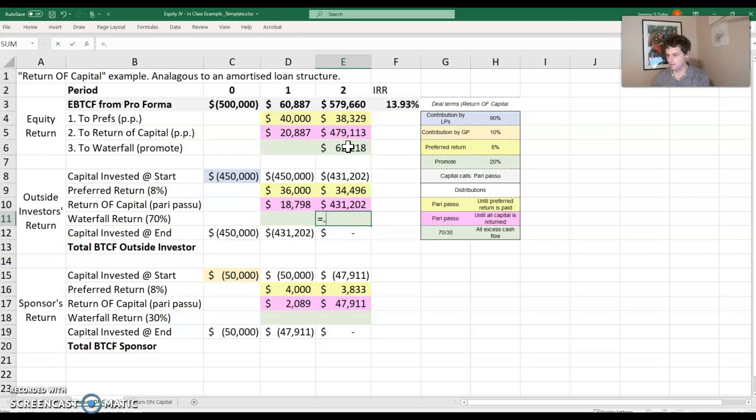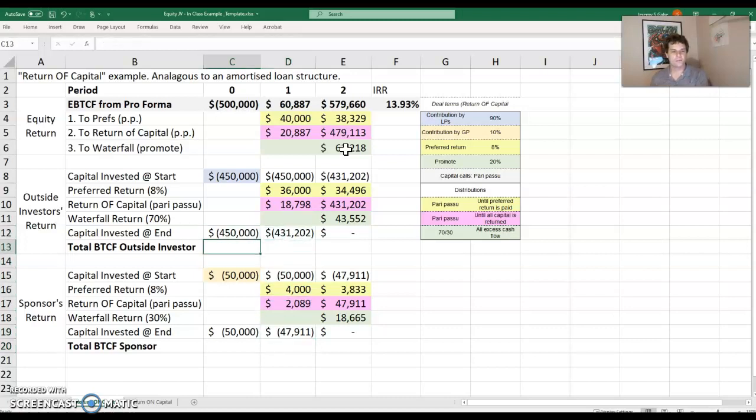So they are only going to receive 70% of this final return, or $43,000, whereas the sponsors will receive 30%. Remember, the sponsors only put 10% in on the deal, so this is quite a good return on their investment. And now we've distributed all of the cash flows based on the agreement.